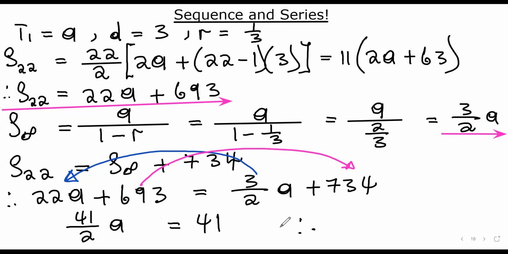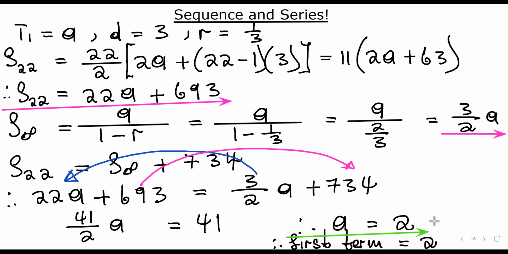And when you multiply both sides by the reciprocal of 41 over 2, which is 2 over 41, we find that a is going to be 2. Then we can now conclude and say, therefore, the first term will simply be a beautiful 2 there. So yes.